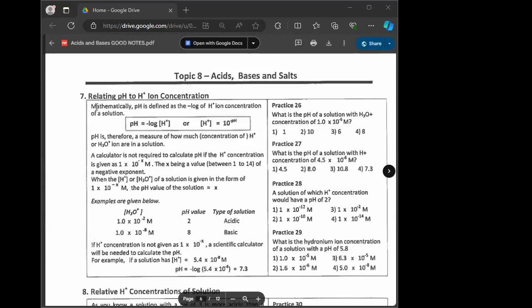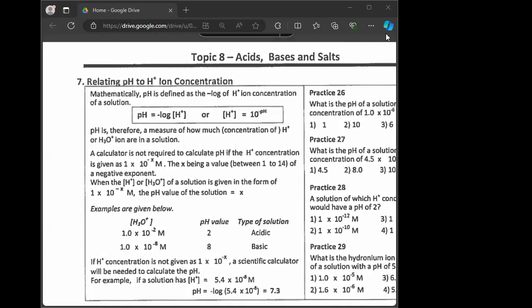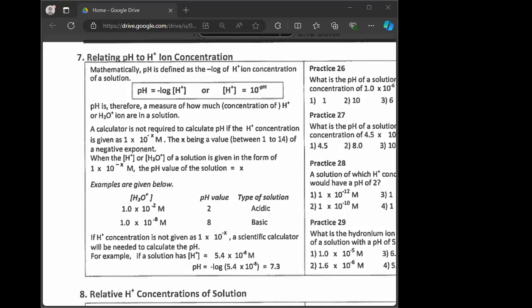Okay, now let's take a look at calculating the pH. We calculate the pH of a solution by taking the negative log of the hydrogen ion concentration. You do need to memorize that equation.